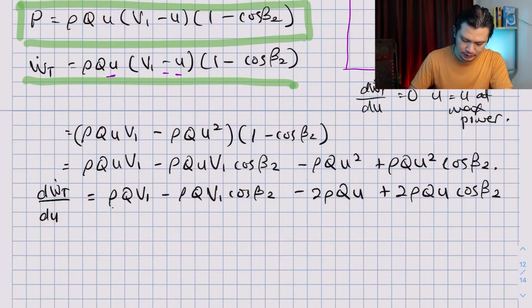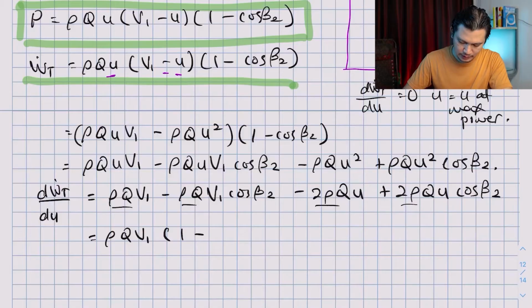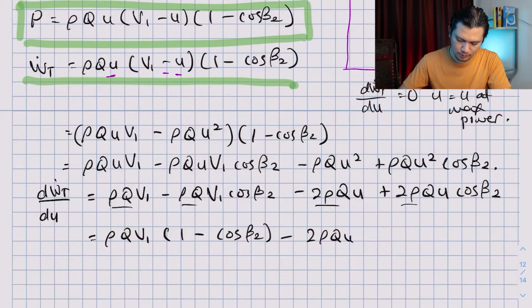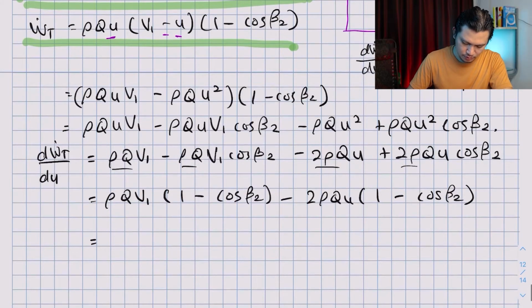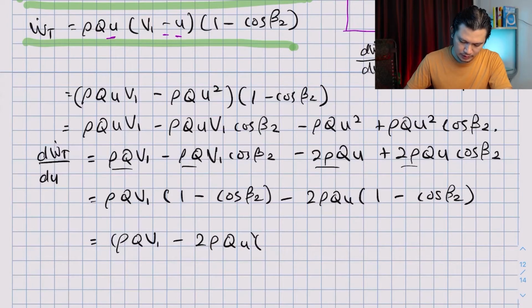Now, if I factor this out, I'm going to have rho Q V1 times 1 minus cos beta 2 minus 2 rho Q U times 1 minus cos beta 2, and I can have rho Q V1 minus 2 rho Q U, times 1 minus cos beta 2.